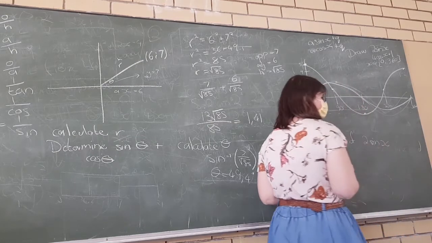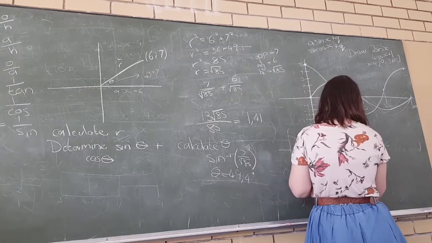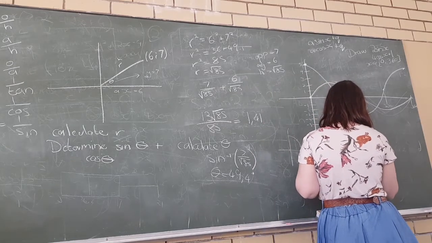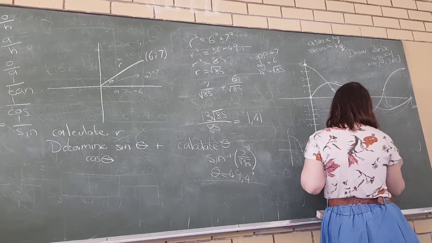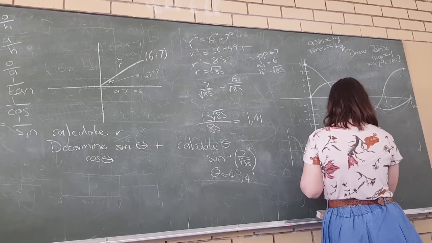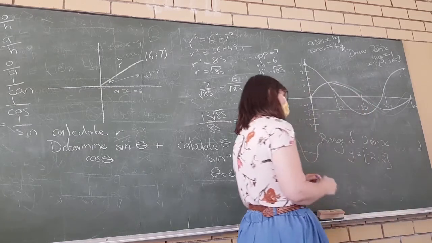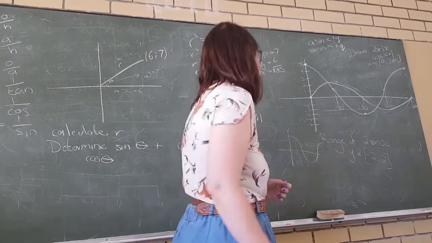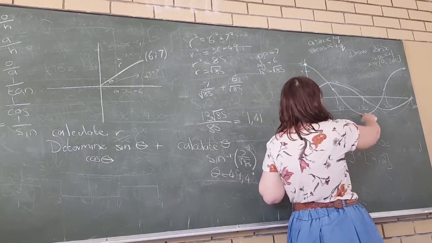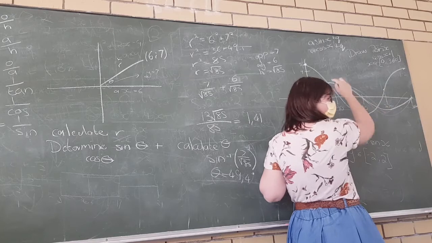What's the range of 2 sine x? Y is an element of negative 2 to 2, because that's as far down as it goes, and that's as high as it goes.